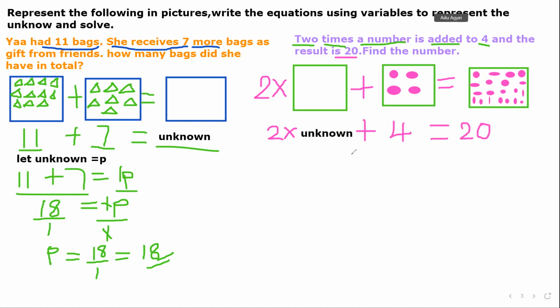Good. So let's choose a letter to represent the unknown. Let the unknown equal the letter T. Okay. Good.